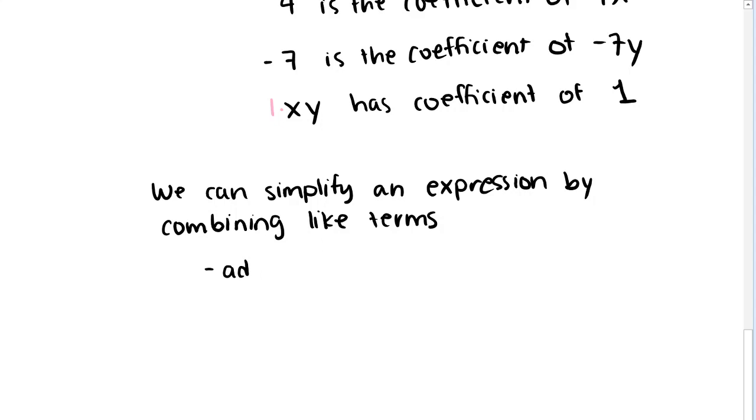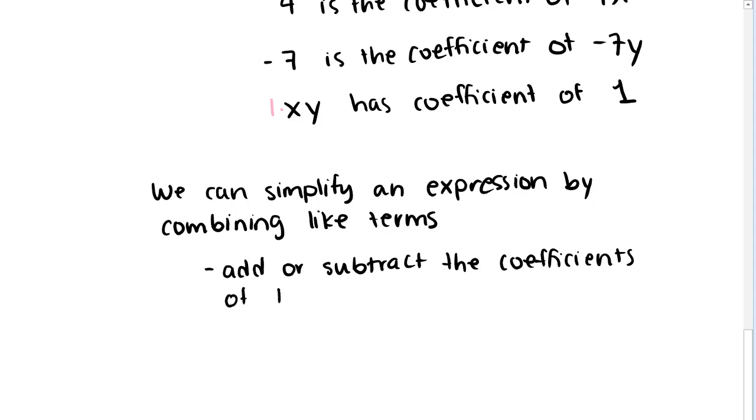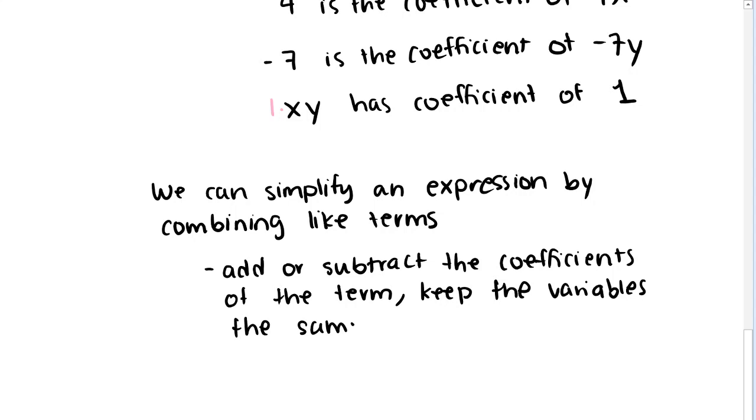It just means add or subtract the coefficients of the term. And here we also have to keep the variable, or the variables, maybe there are multiple, the same. If we have any like terms, we can combine them by adding or subtracting the coefficients of the term and keeping the variables of the term the same.